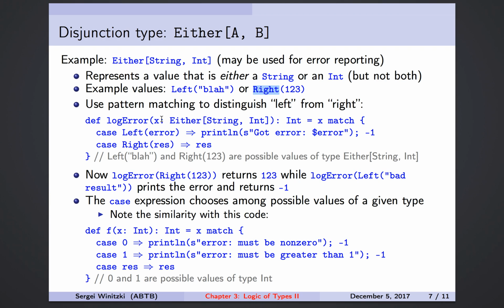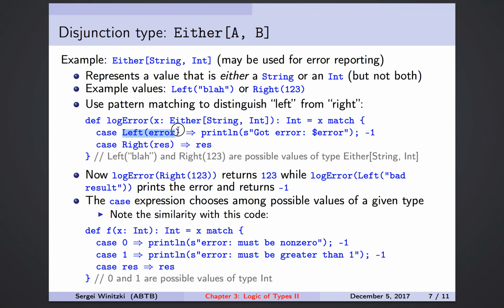Now, if we have a function, let's say logError, we want to write this function that takes an argument of this type. How can we construct an expression using this type? And here's how. We say x match, this is a keyword match. So say x match, and then you write this partial function which matches against possible values of x. And there are two cases.